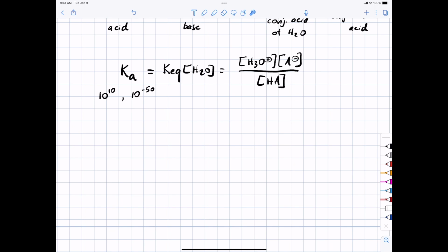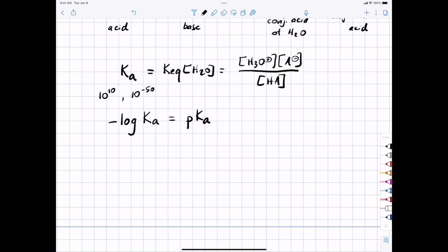We'll use the negative log. The reason we do this is so that the numbers for Ka track with free energy. Lower Ka numbers mean more acidic. Minus log of Ka is actually defined as pKa.